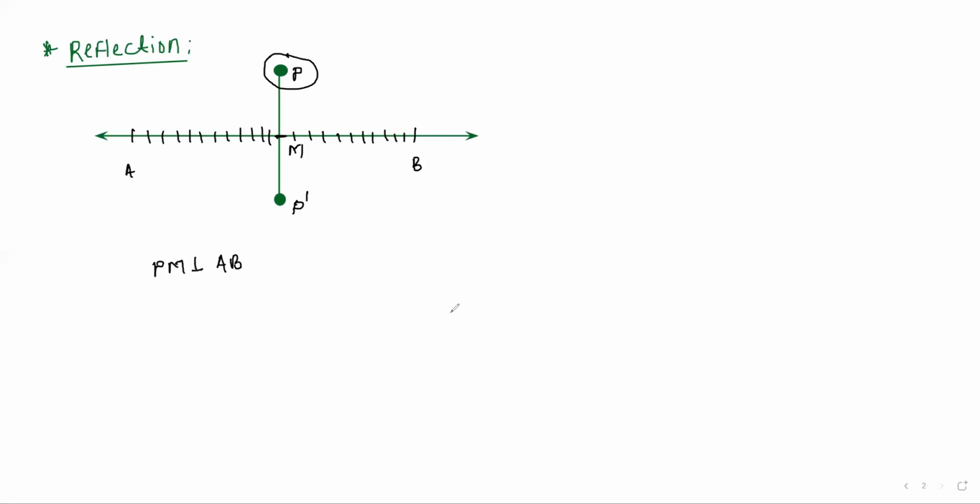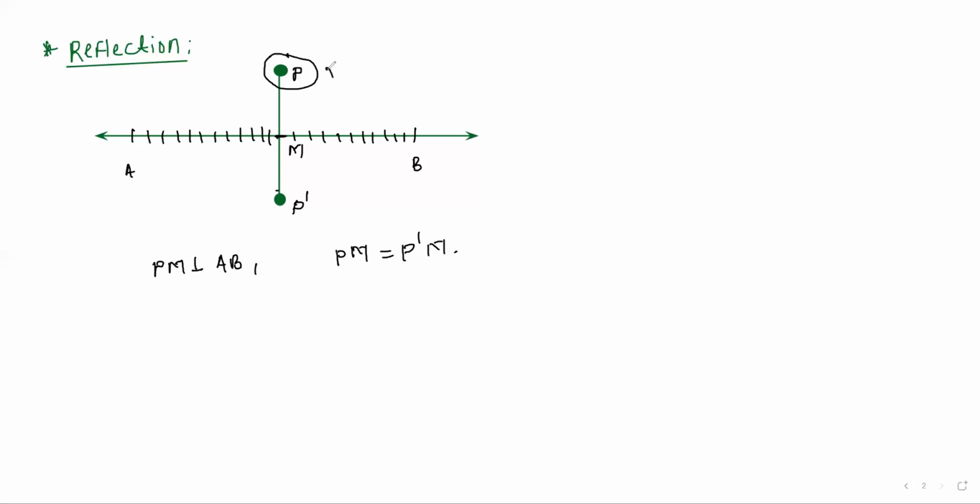Now produce PM to P dash. This portion is the image behind the mirror. Now PM and P dash M are equal because P dash is the image of P in line AB.